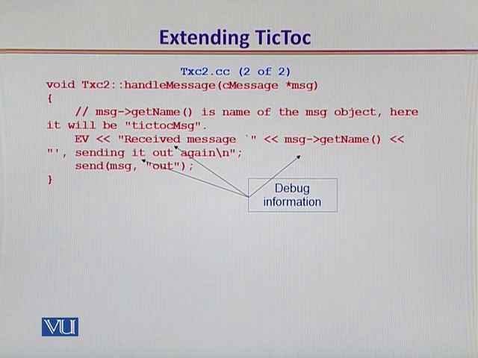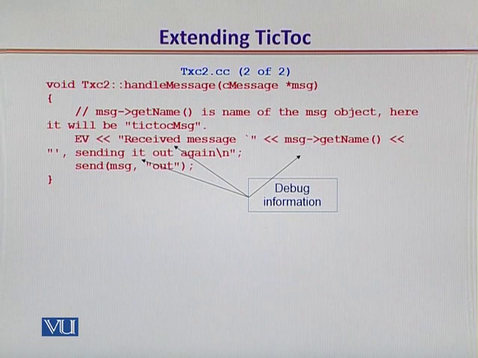Similarly, in the handleMessage method, we add the information that when the node that is talk receives the message, it displays the content, "Received message", as you can see in quotes, and it shows you the message name and shows the message "sending it out again".